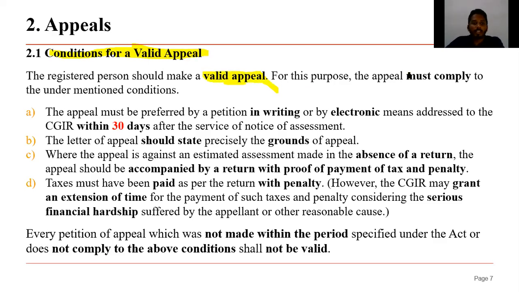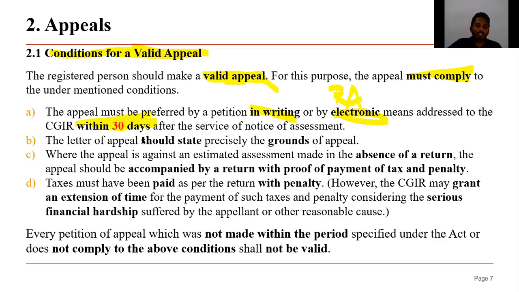The appeal must be made under the conditions mentioned. First, the appeal should be in writing, or it may now even be electronic. Next condition is within 30 days from the date of assessment or the postal date.